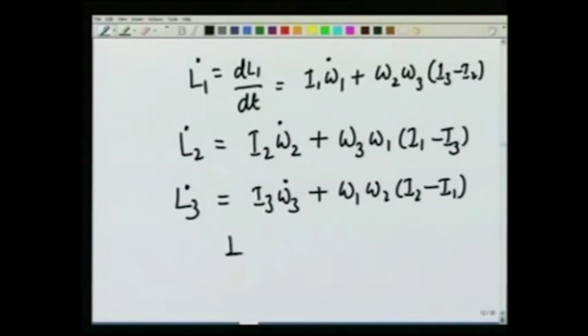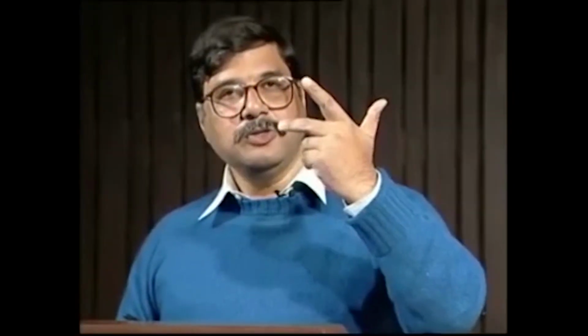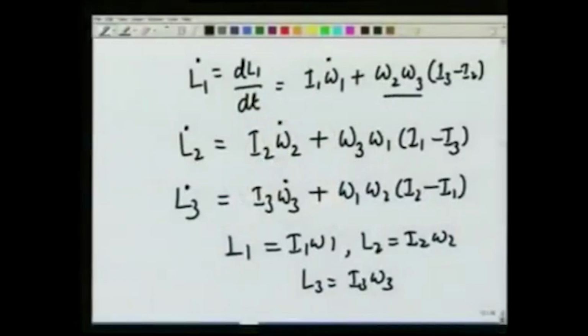Although L1 is equal to I1 omega 1, L2 is I2 omega 2 and L3 is I3 omega 3, because as the body rotates, L also rotates about omega, that causes these changes, and in addition the change of omega itself causes these changes. The net is the sum of these two, and therefore this is how the components of angular momentum along the 3 axes change.